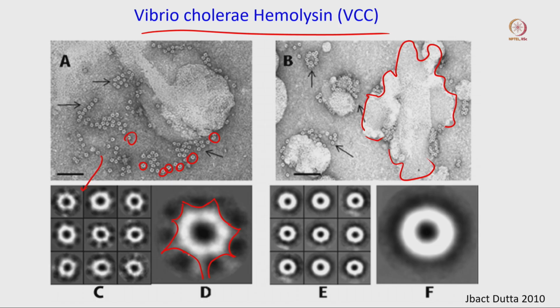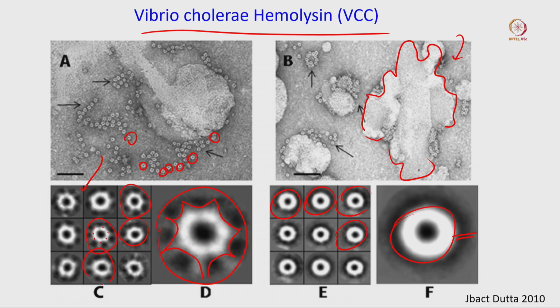If you count, this is a heptamer, and if you calculate all these classes properly, in most cases you will see it is forming a heptamer. But there is another truncated version of this protein. When we calculated this one, you can see overall it is a spherical structure, and the heptameric portion has disappeared.